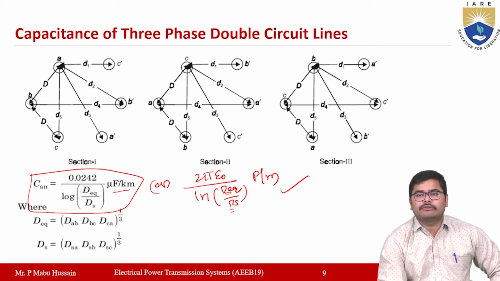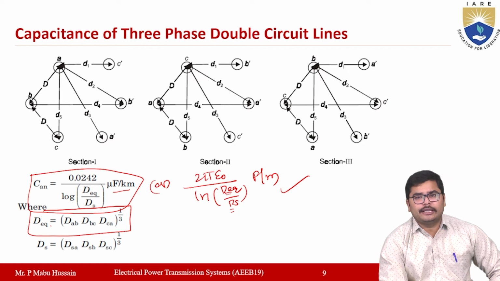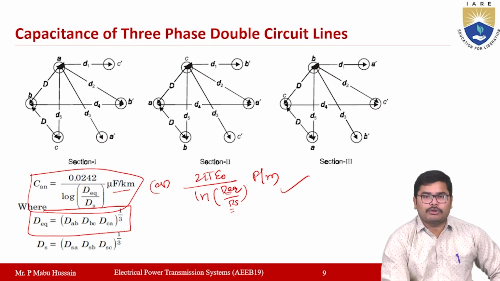In case of a double circuit three-phase transmission line, the value of D equivalent you can calculate by using this expression. D equivalent is equal to DAB, DBC, DCA whole to the power of 1 by 3.